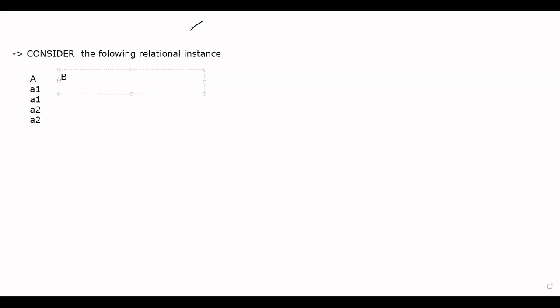Second, B, all are the same, B1, B1, B1, B1. Third, C: C1, C2, C1, C2. And for the fourth column I have D1, D2, D3, D4.